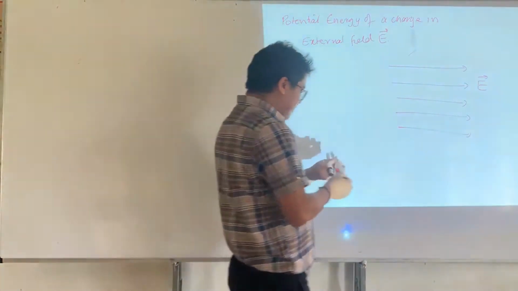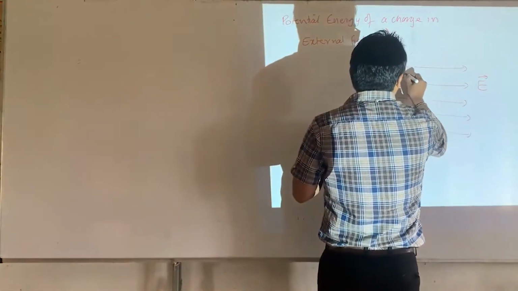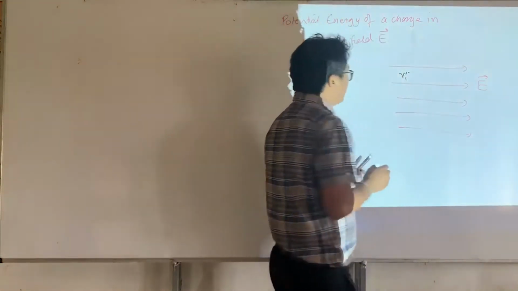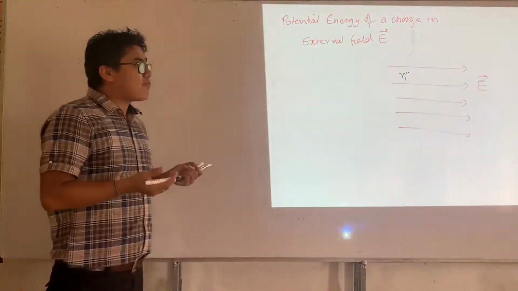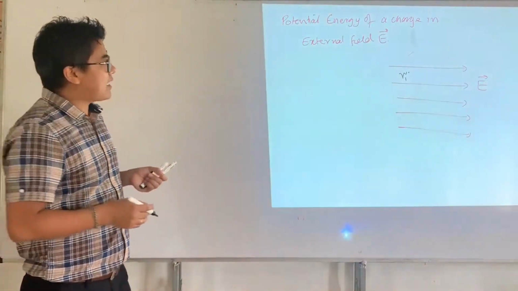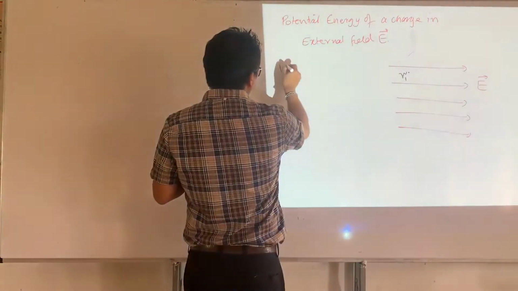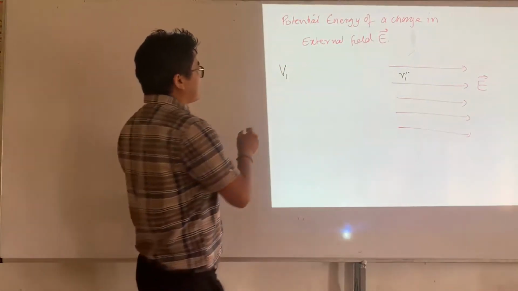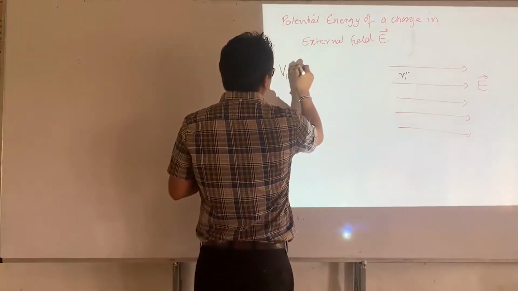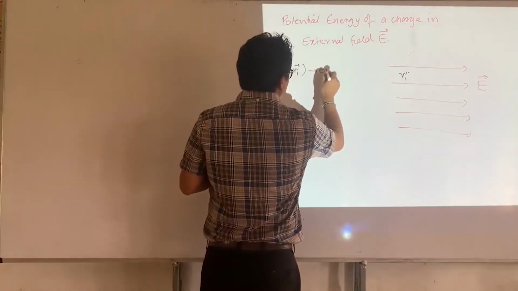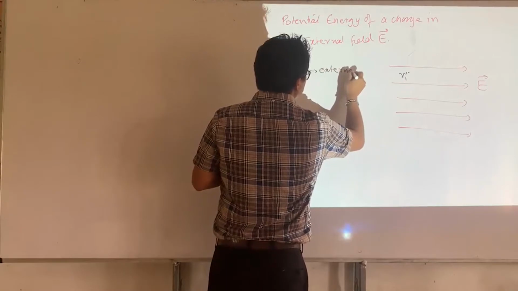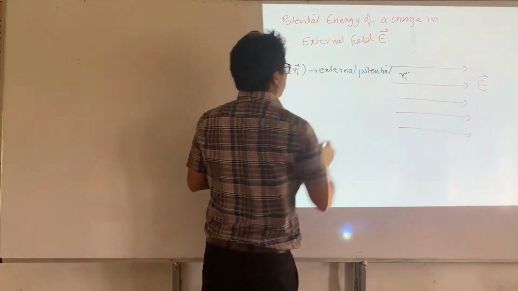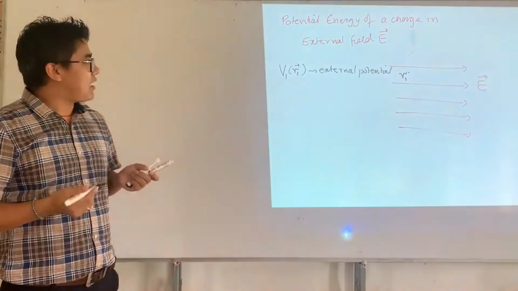So let's say I choose a point, R1. So I can define the potential. Let's say V1 is the external potential, V1 is the potential at R1. I can call it the external potential, that is, potential due to the external electric field.